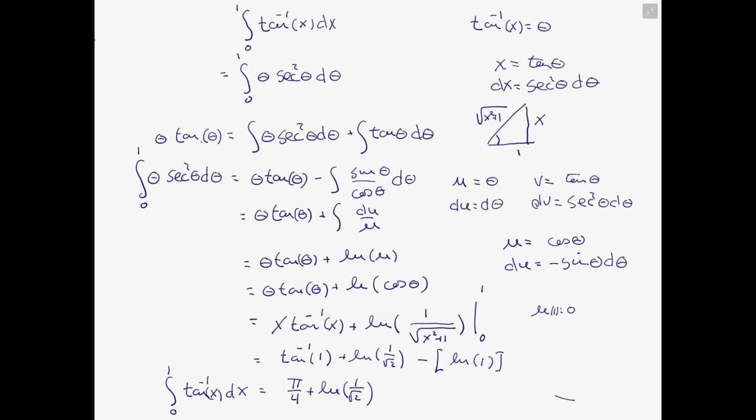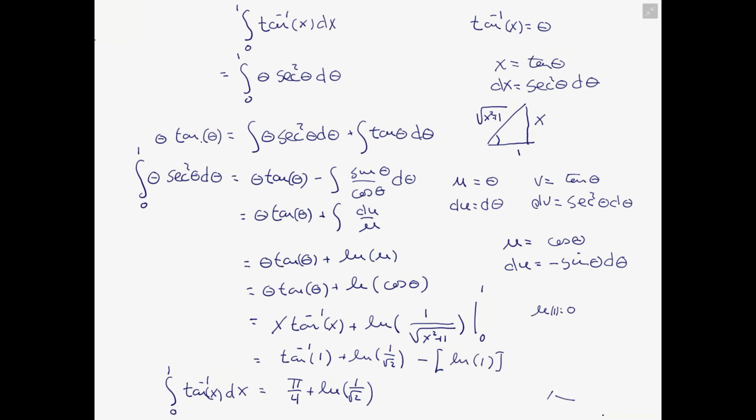Oh, but the only problem here is this. No, we've got u, we've got du. So that is a plus sign. Okay. We're all right.